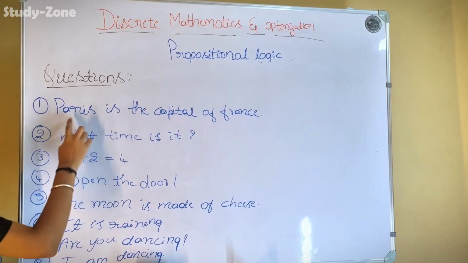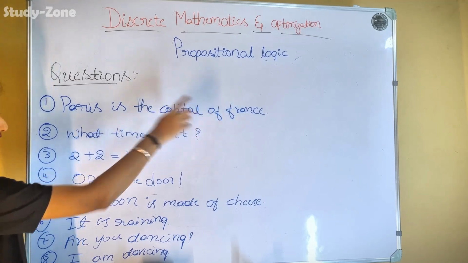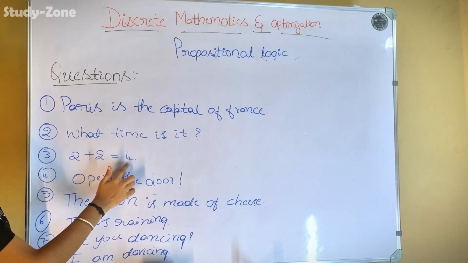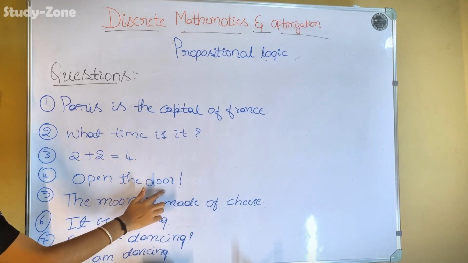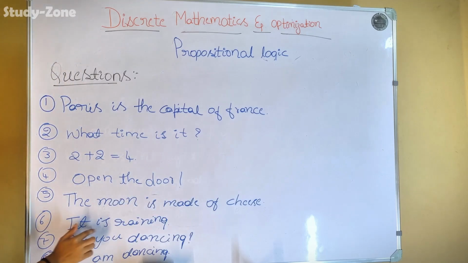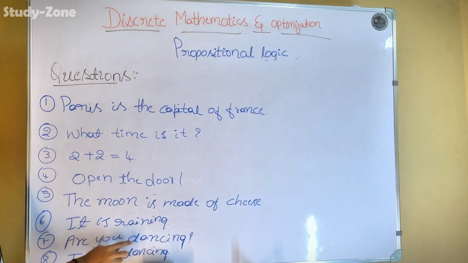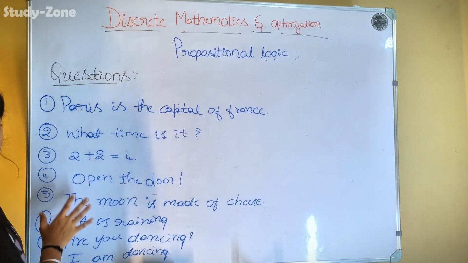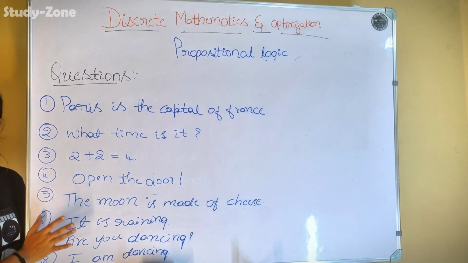The questions are: Paris is the capital of France. What time is it? 2 plus 2 equal to 4. Open the door. The moon is made of cheese. It is raining. Are you dancing? I am dancing.